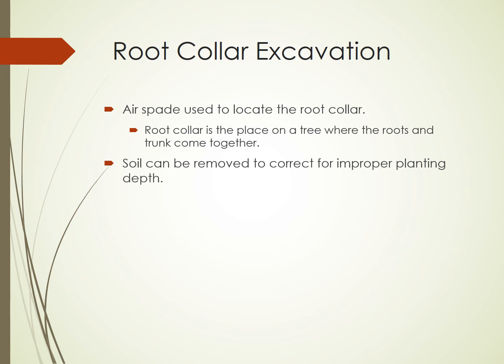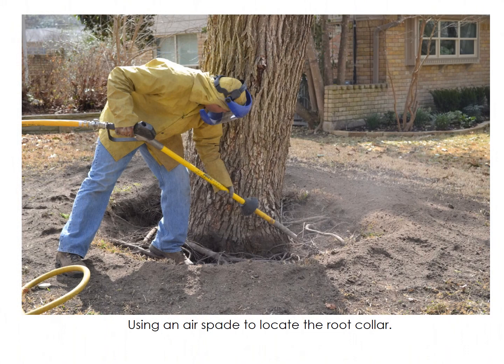It's not going to kill the tree immediately, but it will shorten the lifespan of that tree. So what can you do to correct it? Well, you can use an air tool like an air spade to remove soil and try to locate that root collar. That's what's being done in this picture. You can see the operator using the air spade to locate the root collar.